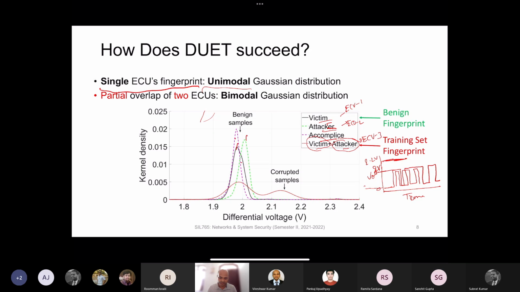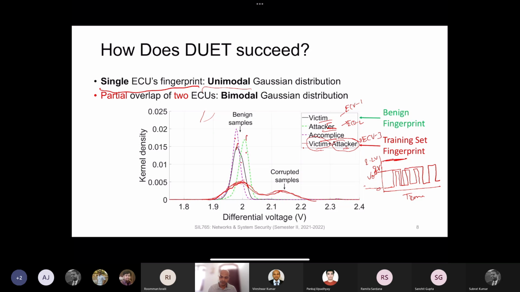The 3 curves you already saw, but now for this victim plus attacker dotted curve, we have 2 modes. One mode is for the benign samples and the second mode is for the corrupted samples. The victim samples where there is no overlap with the attacker samples will remain very similar to the victim's voltage values.